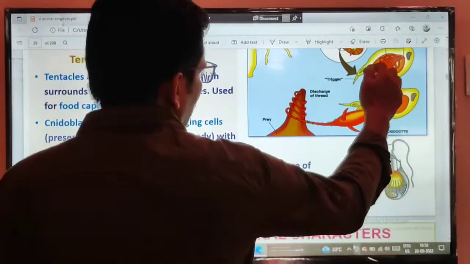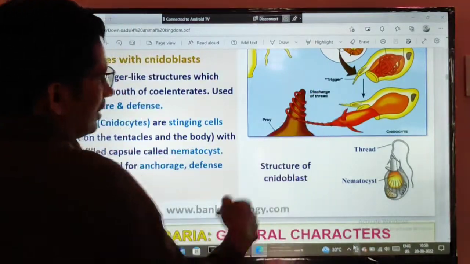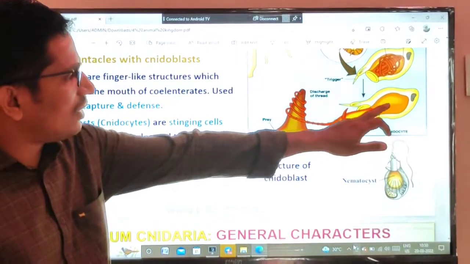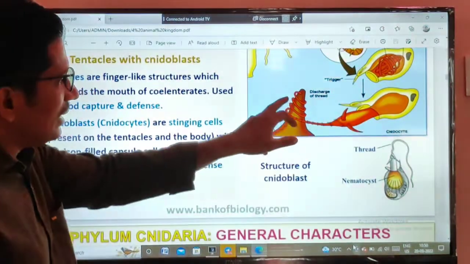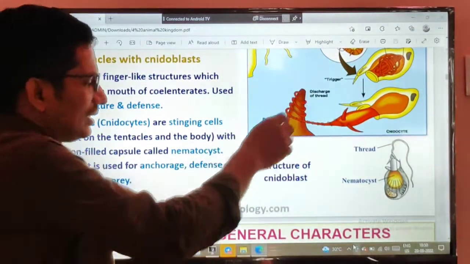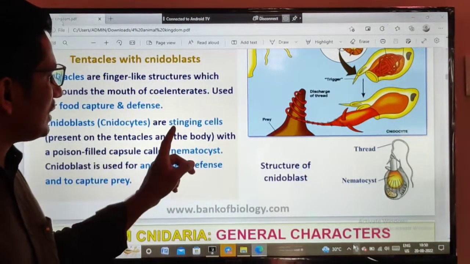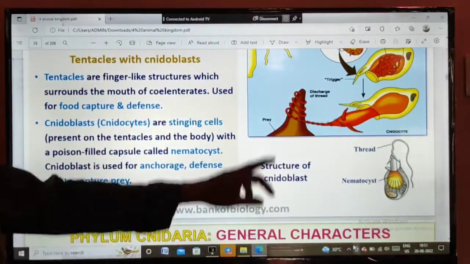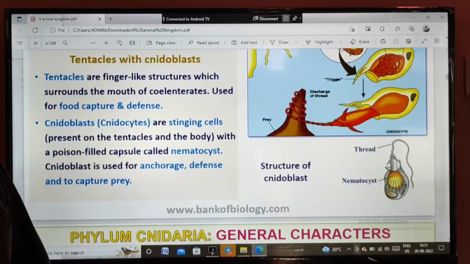When it triggers, this is the prey and this is the cnidocyte, it will coil spirally over the prey and inject the poison into it. That's why the stinging cells are present in these animals. That is the special feature, the cnidoblast cell, right?